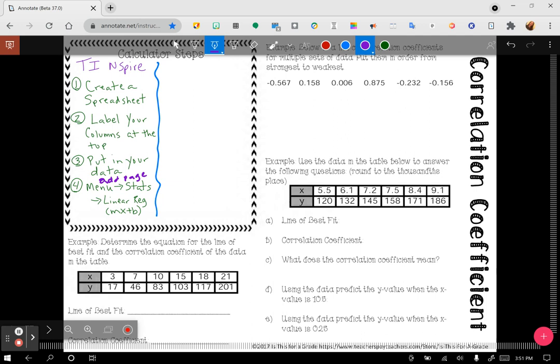Now I'm going to show you how to do it using this data, which is actually part of our foldable, using Desmos.